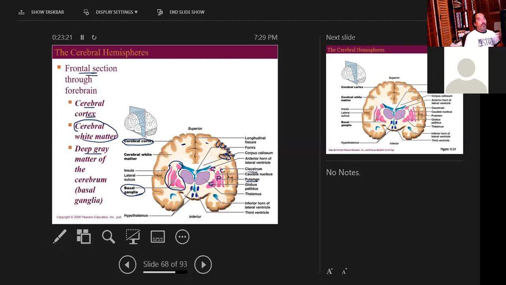So what are the four structures of the basal ganglia of the cerebrum? It's called CGPC, okay? Caudate nucleus, globus pallidus, putamen, and the claustrum. That is called the basal ganglia. That's the deep gray matter of the cerebrum, okay?